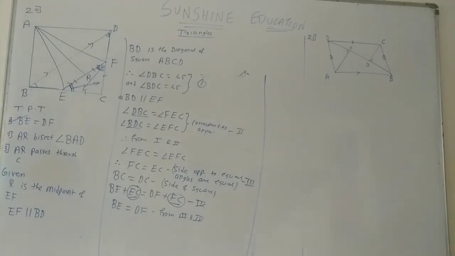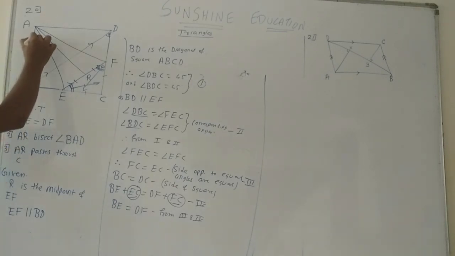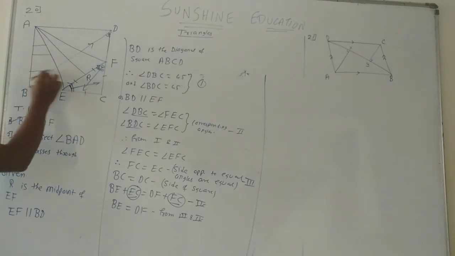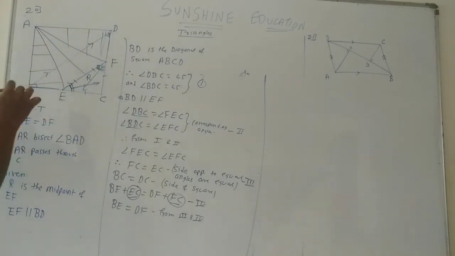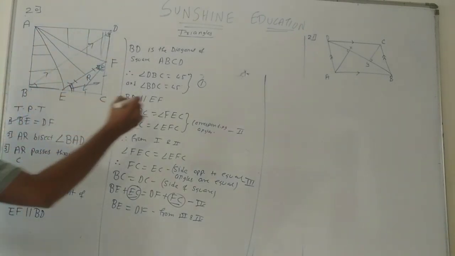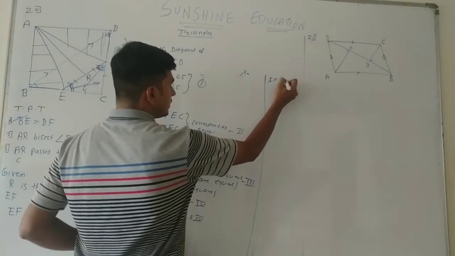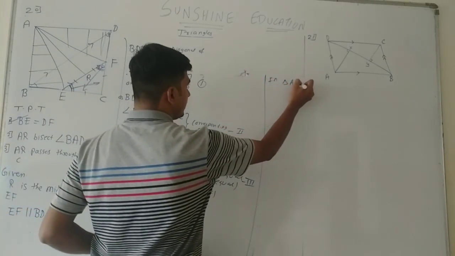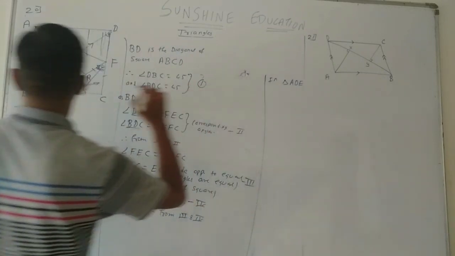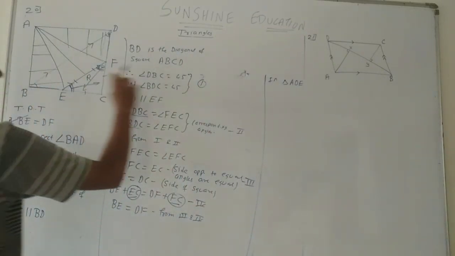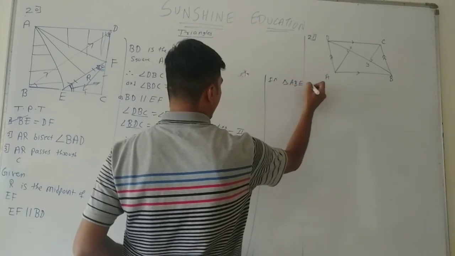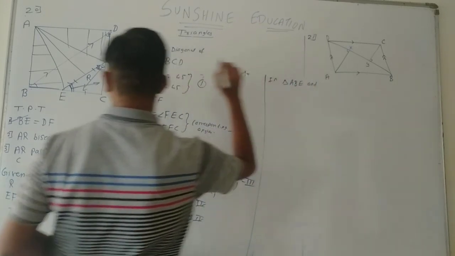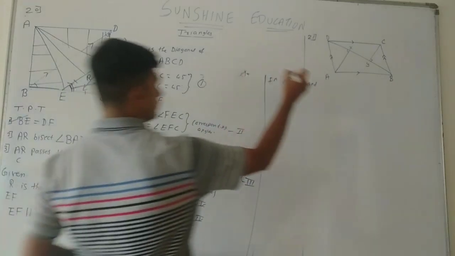So, first of all, I will take these two triangles, in triangle ABE and ADF.